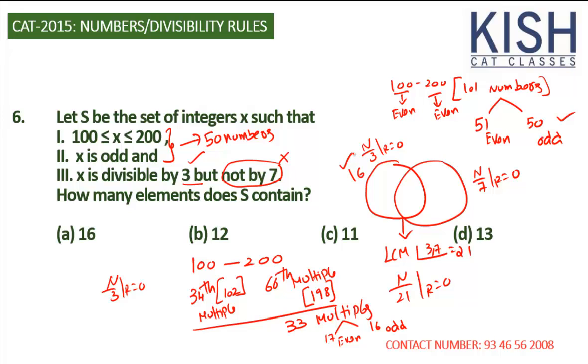Now what we need to do is, should we really find how many multiples of 7 there are? No, not needed. We just need to eliminate the combination of 7 and 3 from the 16. That's a simple task. That is n divided by 21, remainder 0. So from 100 to 200, how many odd multiples are there of 21? 21 fives are 105, so that is the fifth multiple.